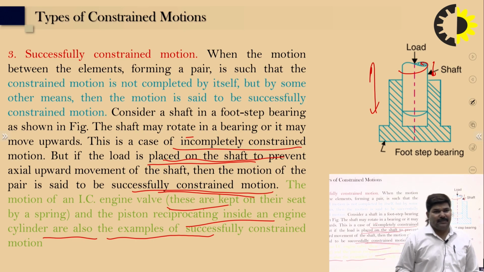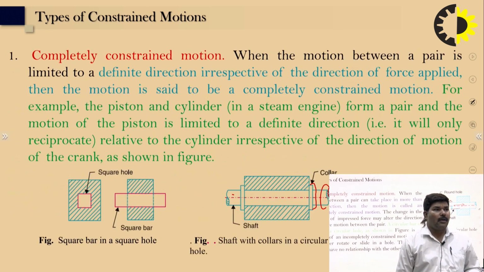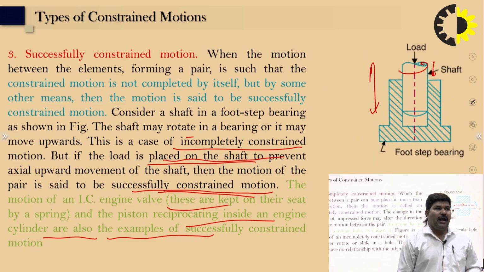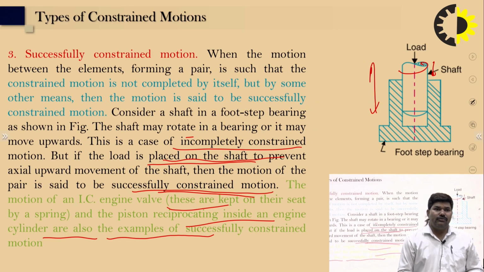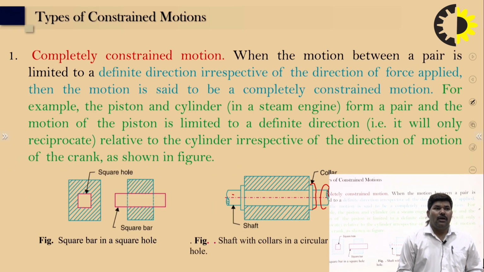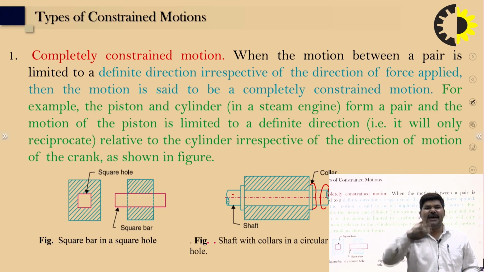So there are three types of constrained motion we have discussed here. One is completely constrained motion, second is incompletely constrained motion, and third is successfully constrained motion. We can summarize this. In completely constrained motion, the motion is only in one direction.